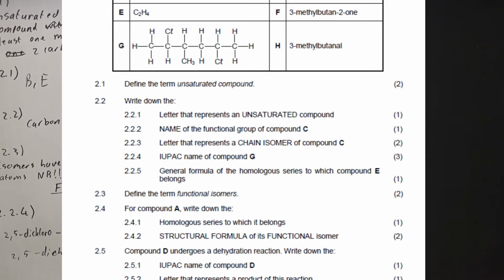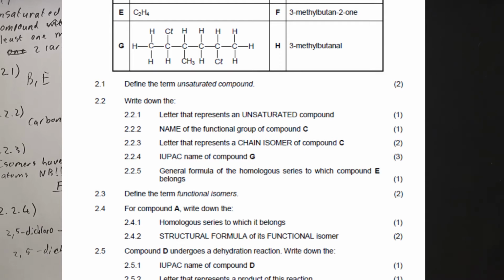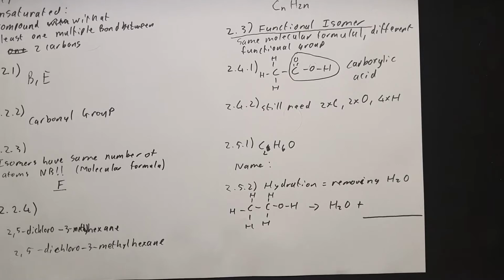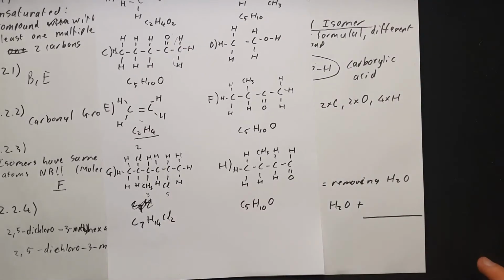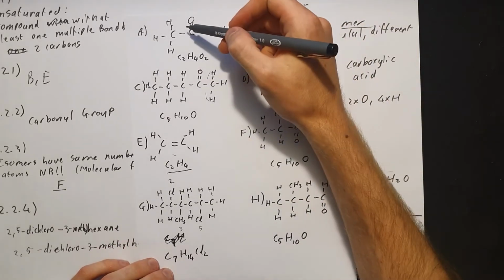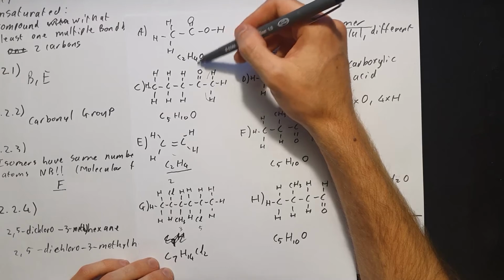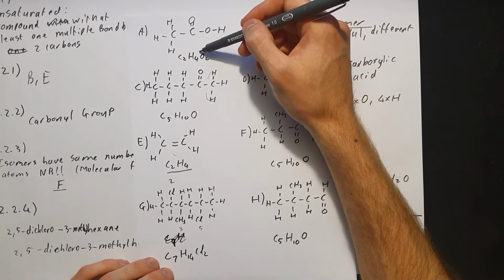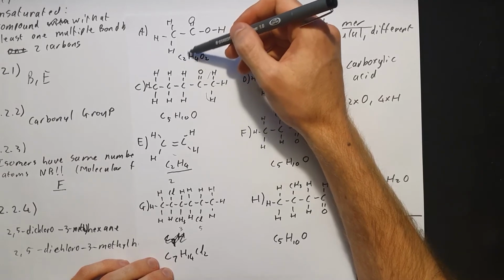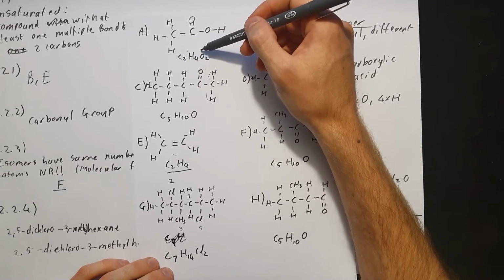Okay, so 2.4.2 is now looking at the structural formula for the functional isomer of A. So let's go back to the molecules that we've drawn out over there. Looking at A, we've got 2 carbons, 4 hydrogens, and 2 oxygens. We need to keep 2 carbons, 4 hydrogens, and 2 oxygens.